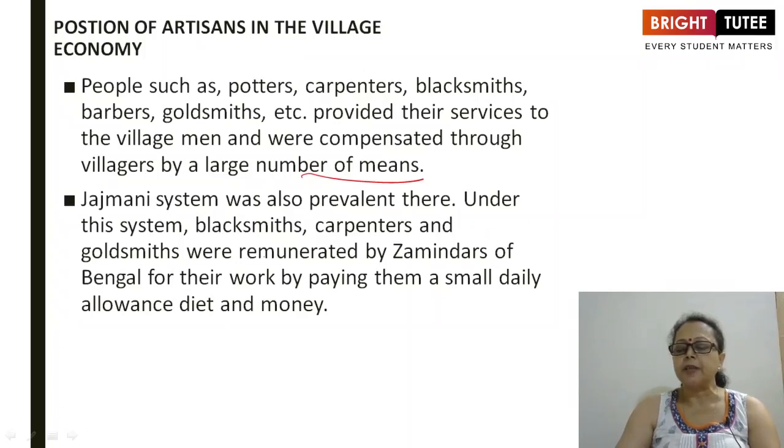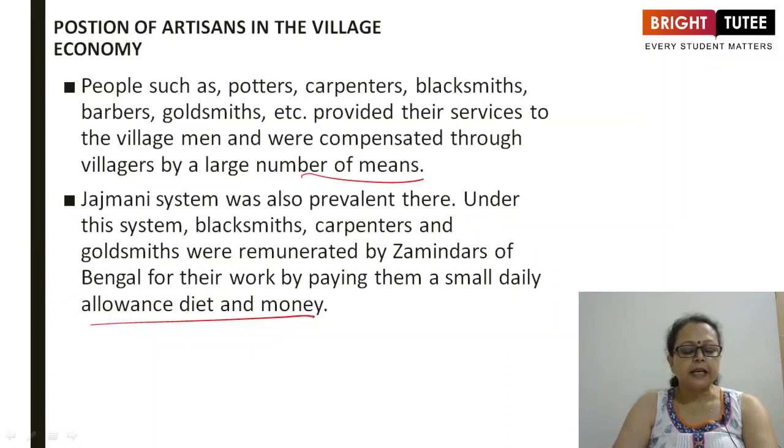Under this system, blacksmiths, carpenters, and goldsmiths were remunerated by the zamindars of Bengal for their work by paying them a small daily allowance in the form of a diet and money. This is the work done in the Bengal region. In another type of system, the individual peasant household gave the remuneration for their services.